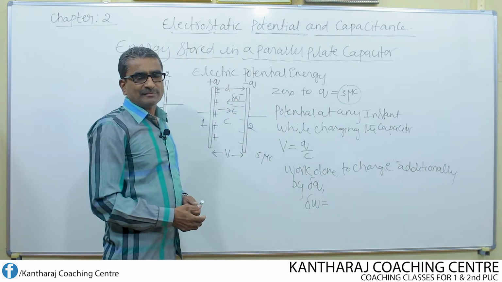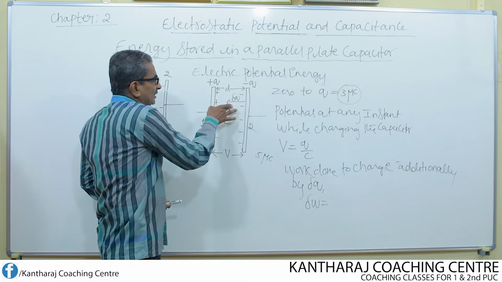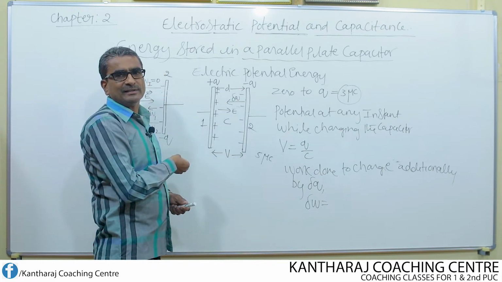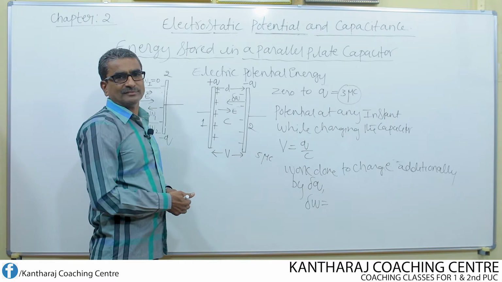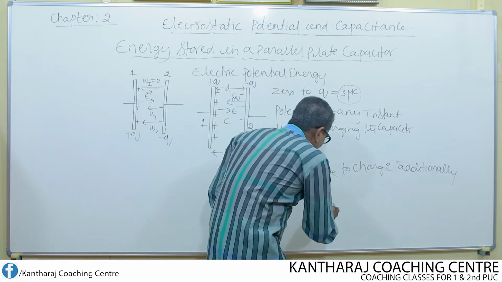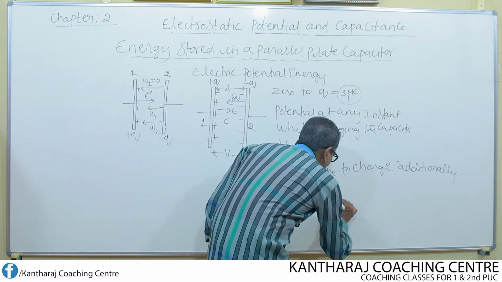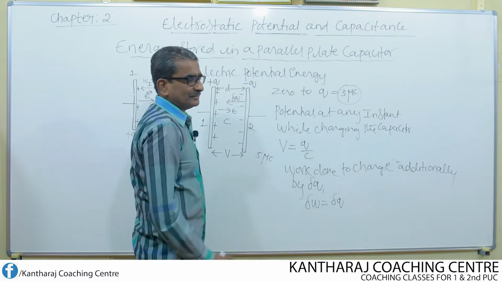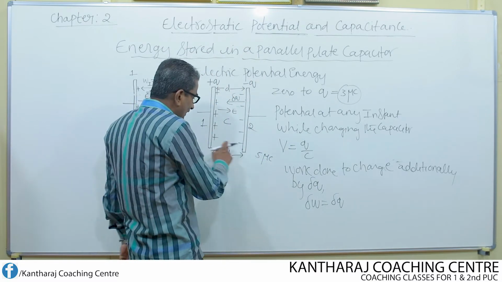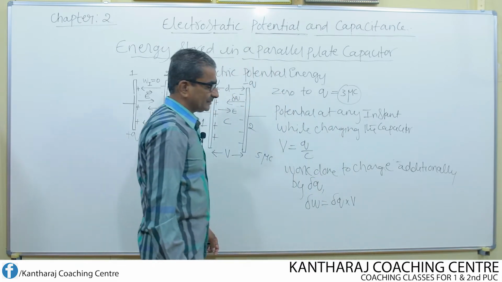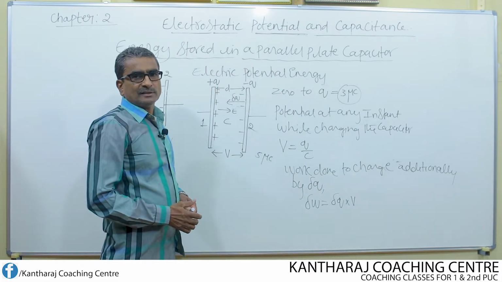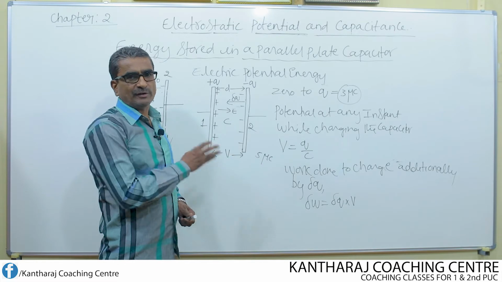It is nothing but charge you are removing multiplied by the potential. So the delta W equal to charge that is moved, delta Q, from one plate to another. What is the potential difference between the two plates? It is nothing but V. So this basic equation we know very well.